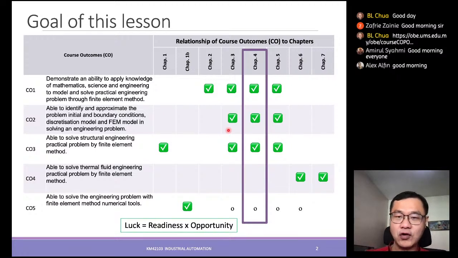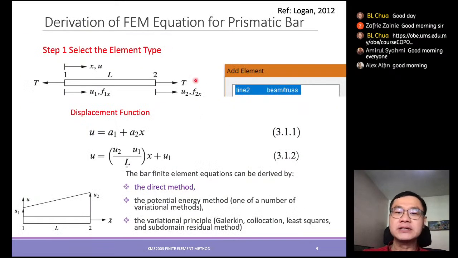So today we move on to another part, to cater for what we call a beam element, right? So here is the recap on what we have gone through previously on the prismatic bar, right?